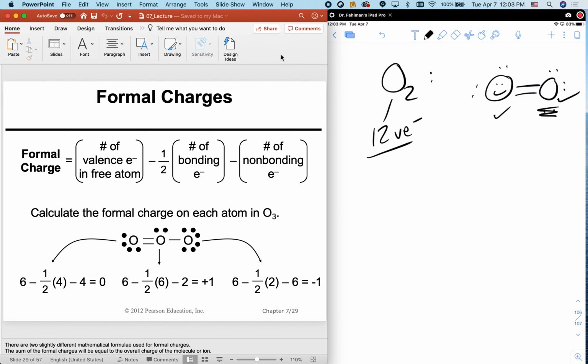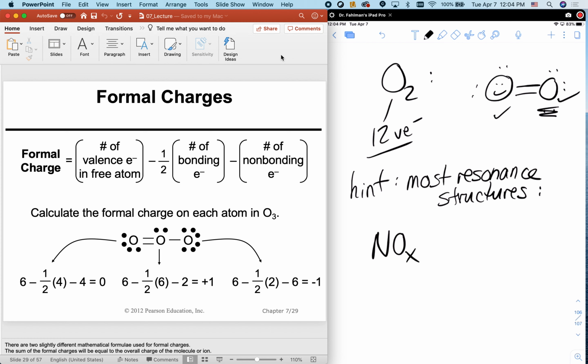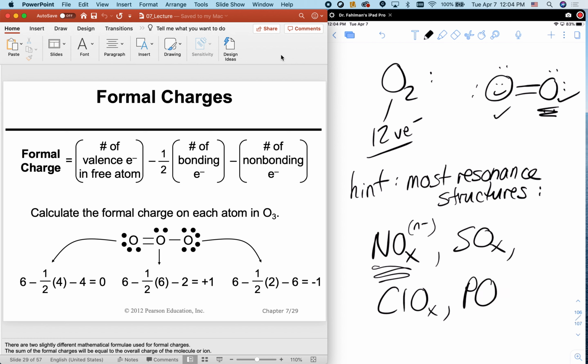Here's kind of a trick or hint. Most resonance structures, if you have like NOx, they may or may not have charges, but if you have NOx, SOx, a lot of ClO whatevers, phosphorus.